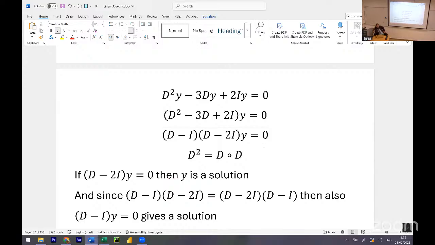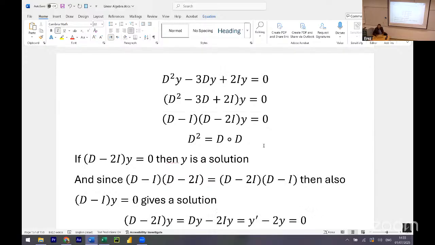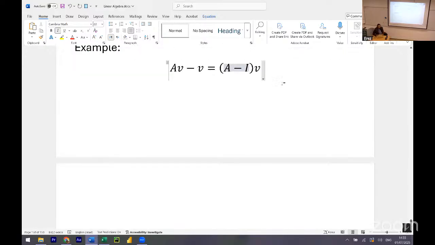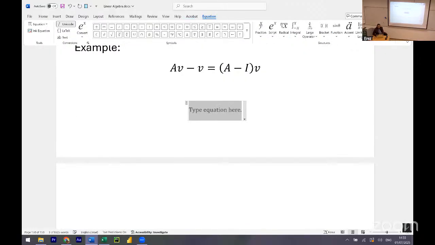Gravity. His second law is F equals ma, right? Force equals mass times acceleration. But what is acceleration? The derivative. It's the second derivative of the displacement, right?